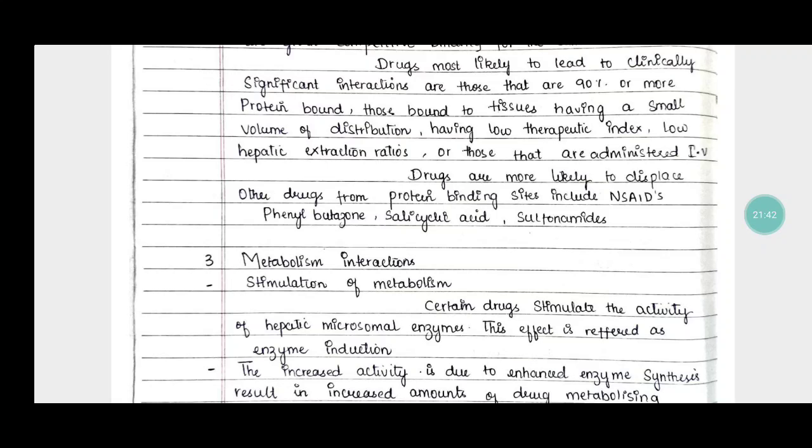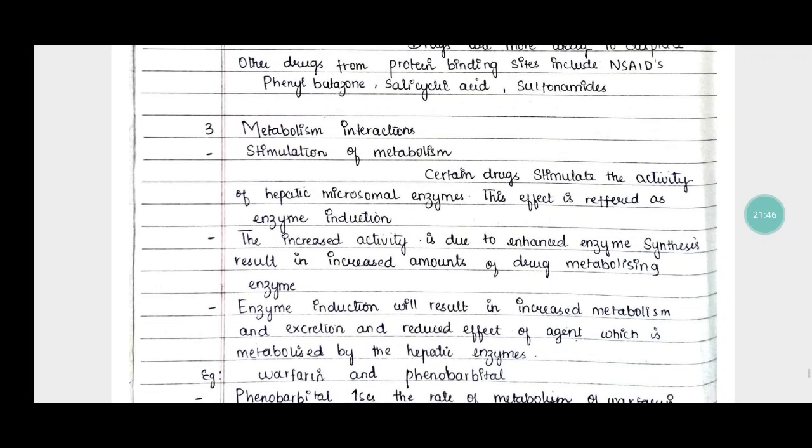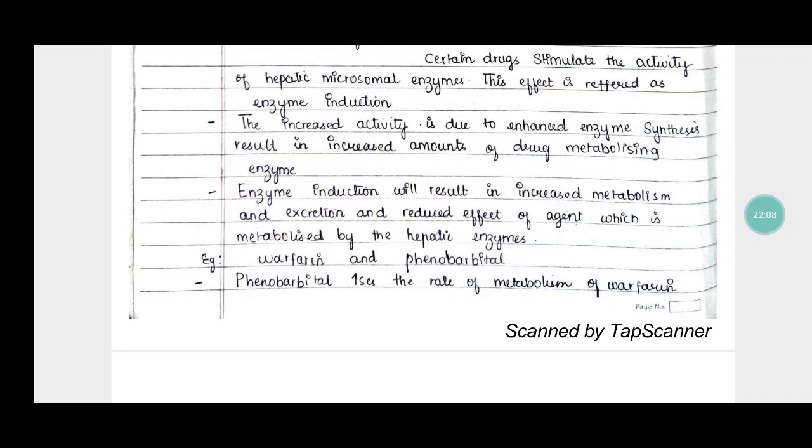Number third, that is metabolism interaction, where stimulation of metabolism increases the activity due to enhanced enzyme synthesis, which results in an increase in the amount of drug metabolizing enzyme. Enzyme induction will result in increased metabolism and excretion and reduces the effect of the agent which is metabolized by the hepatic enzymes. An example: warfarin and phenobarbital.